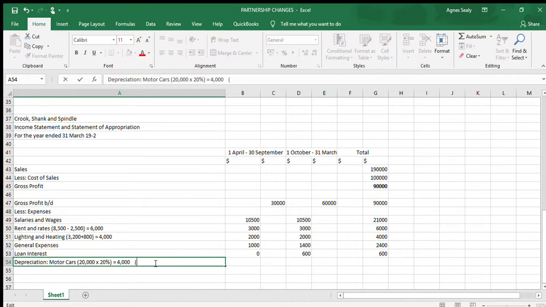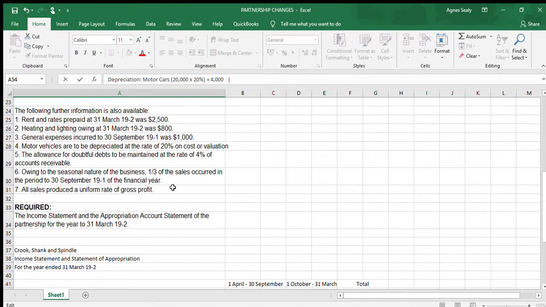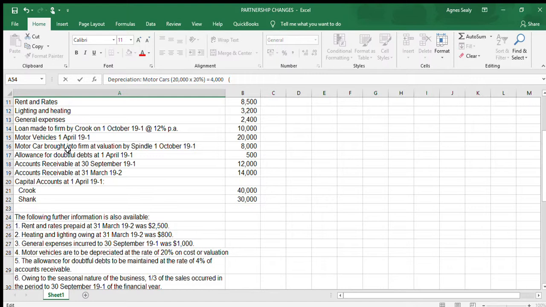Secondly, we have to take a look at the fact that on the 1st of October, Spindle brought in a motor vehicle at $8,000. So it stands to reason that this motor vehicle will also be calculated at 20%, which is the depreciation rate.